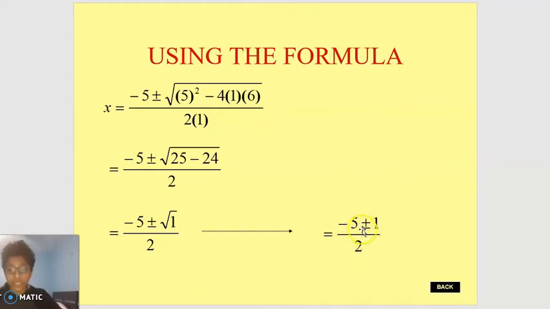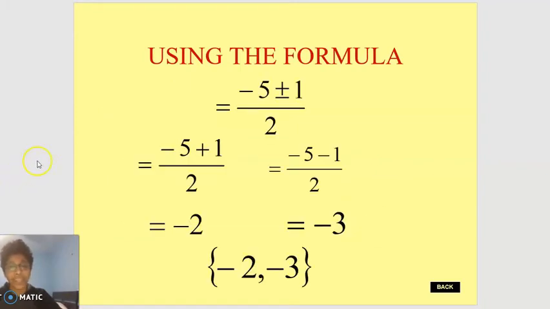So what does this plus or minus sign actually mean? Well, it means that we have two answers. We have negative 5 plus 1 over 2 and negative 5 minus 1 over 2. For negative 5 plus 1 over 2, we do negative 5 plus 1, which is negative 4.